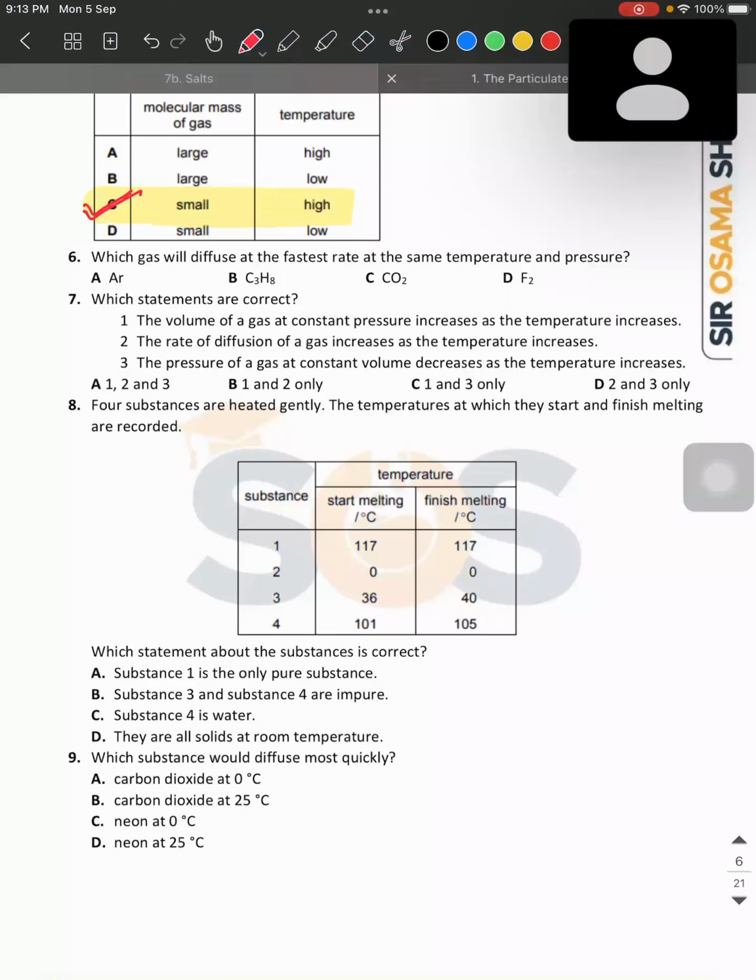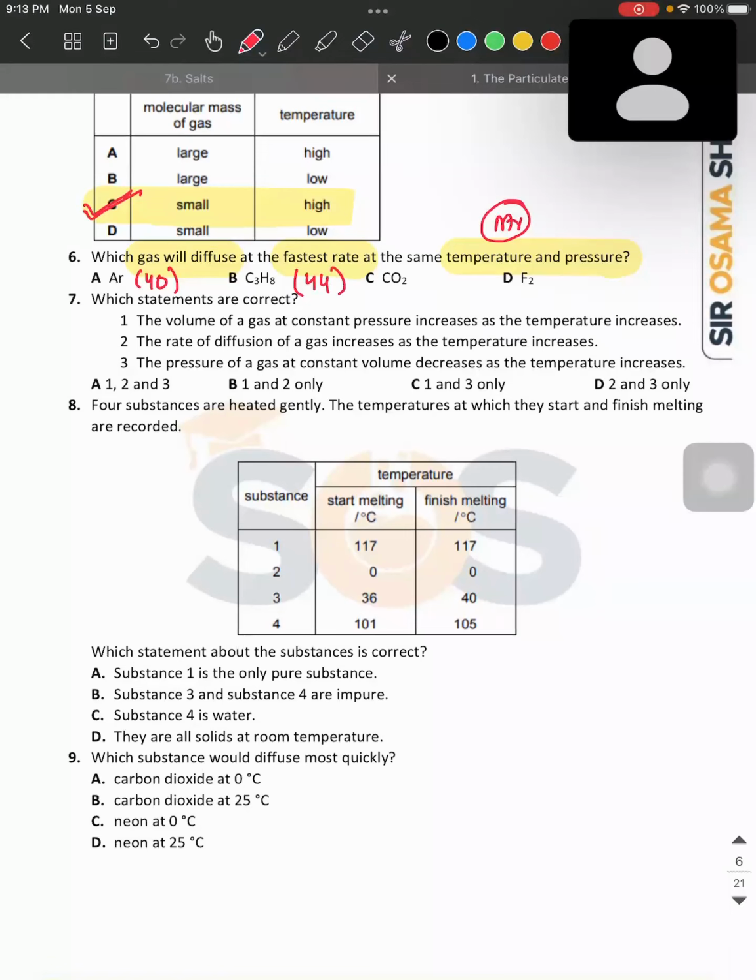Sir, A. Let's check, is that A or not? They are asking which gas will diffuse at the fastest rate at the same temperature and pressure. That means in this question, Mr is going to be judged, right? So what is the Mr of argon? It is 40. What is the Mr of this substance? It is 3 carbon, 36 plus 8.